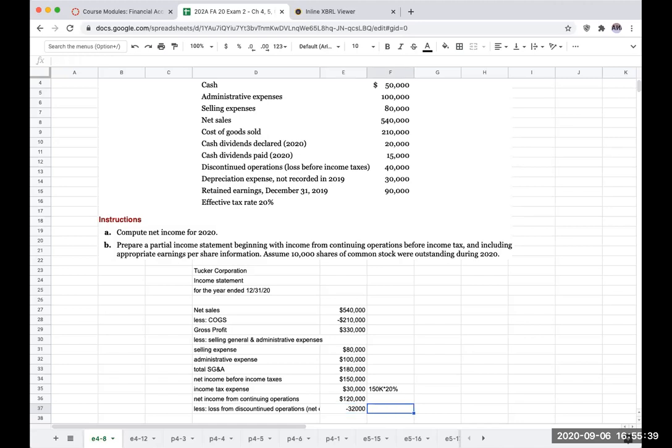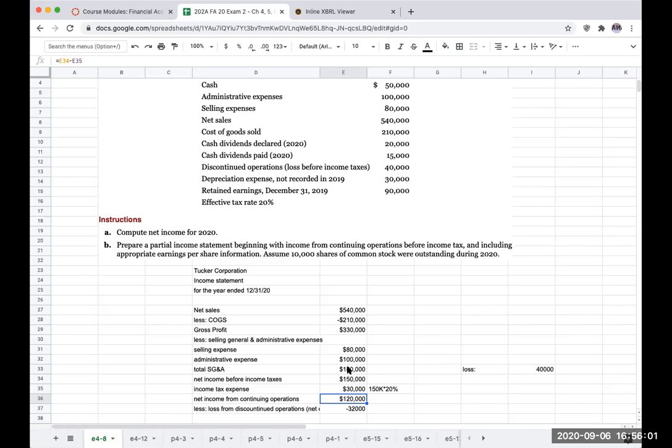And again, where am I getting this number from? So if the loss here was 40,000, and what's really important is that this net income from continuing operations right over here is 120,000, right? So this already has the income taxes taken out.